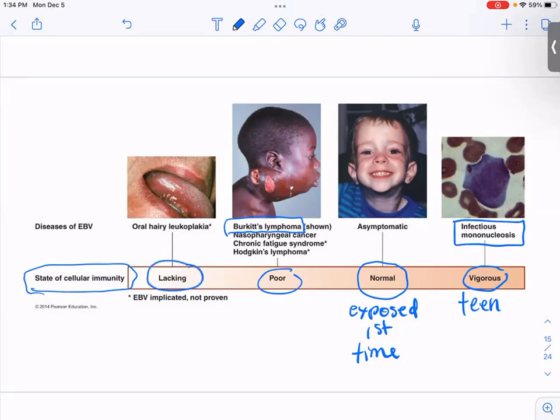Somebody that is pretty much lacking any kind of cellular immunity, any kind of T cell response, like people that have HIV, maybe full-blown AIDS, that don't have much of any response at all, it manifests as oral hairy leukoplakia, which is just some sores on the underside of the tongue. Okay, so kind of interesting that we get some different responses there.